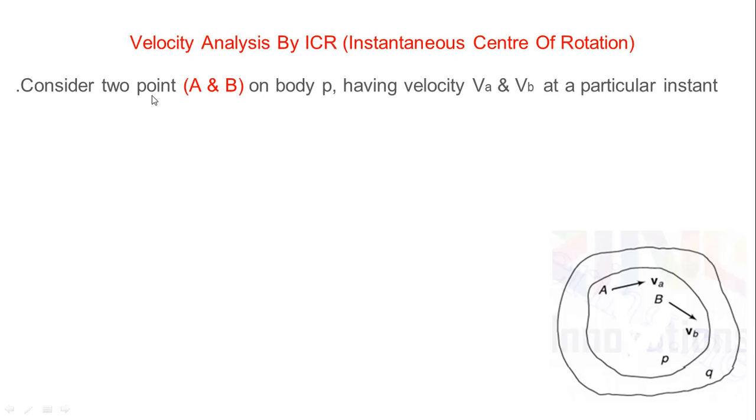Now I am considering that the instantaneous velocity of point A is in this direction, so I have drawn a vector in this direction, and the velocity of point B is in this direction. Both points A and B are present on body P only.